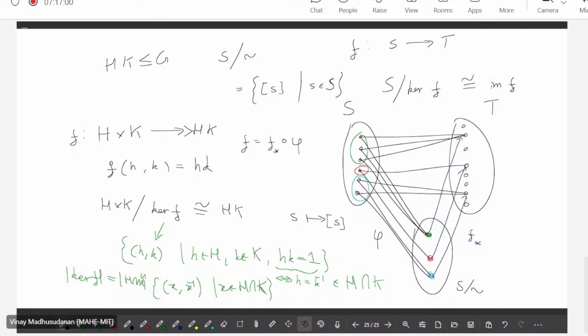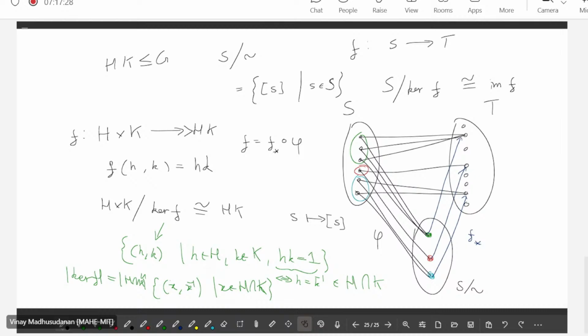And what else? F star is an injection, because the multiple elements of S that are getting mapped to the same element of T have now been merged into one element, and that one element we are mapping. So no two different elements in the quotient can map to the same element of T, because they come from different equivalence classes.